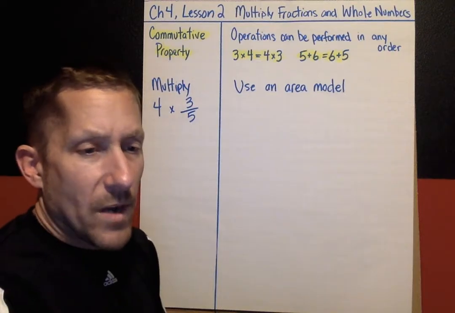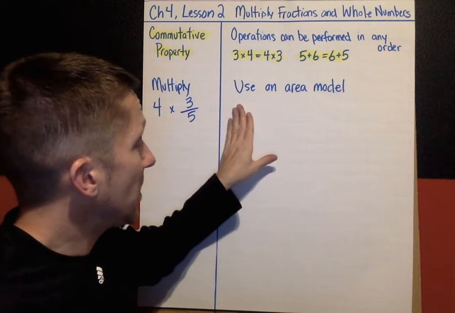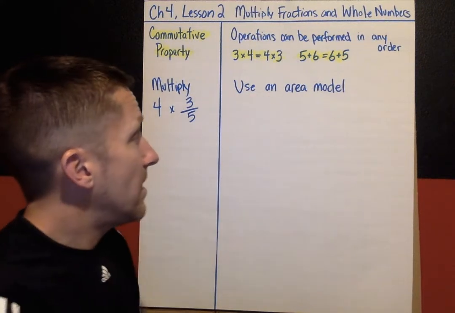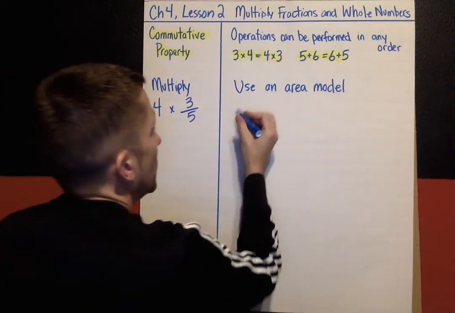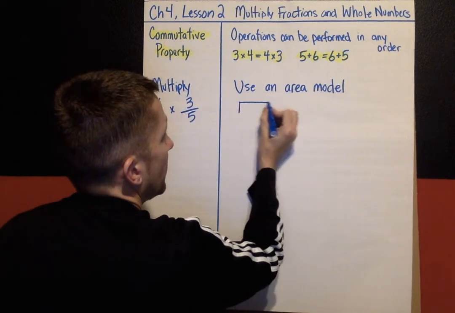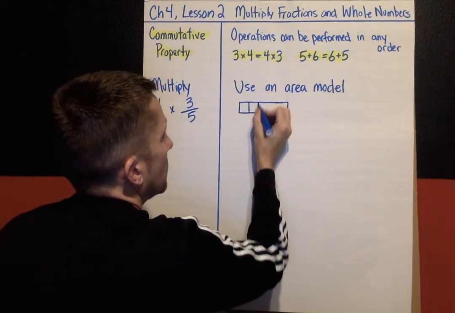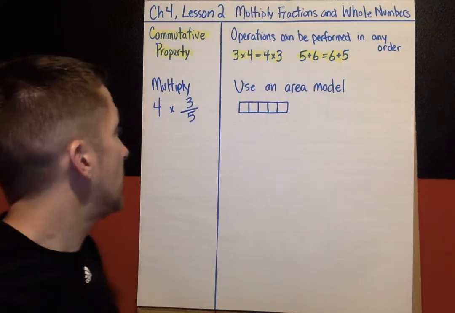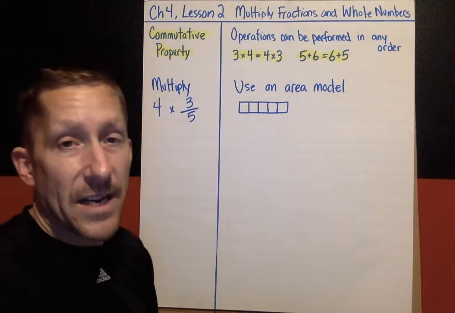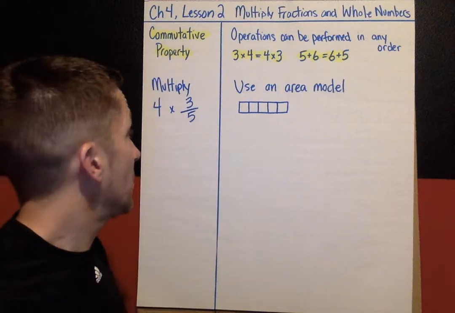So I'm going to draw 3 fifths, and I'm going to use a bar to show my fraction. There's the whole bar. It's divided into 5, and I would need to shade in 3 of the 5 to make 3 fifths.